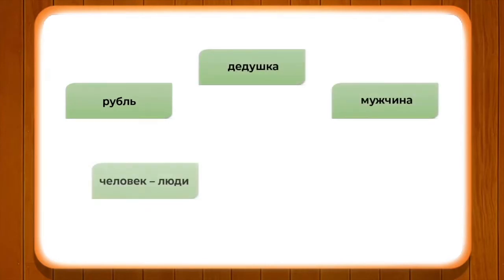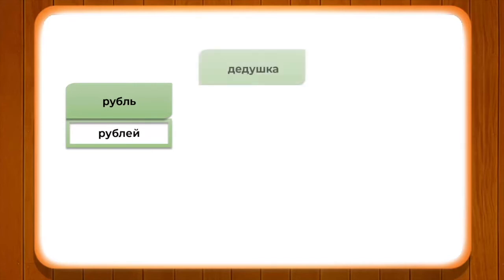Now, let us pay attention to a few more such examples such as рубль, дедушка, мужчина, человек, ребенок. So, рубль, which ends with a soft sign, changes into рублей, like писатель changes into писателей.